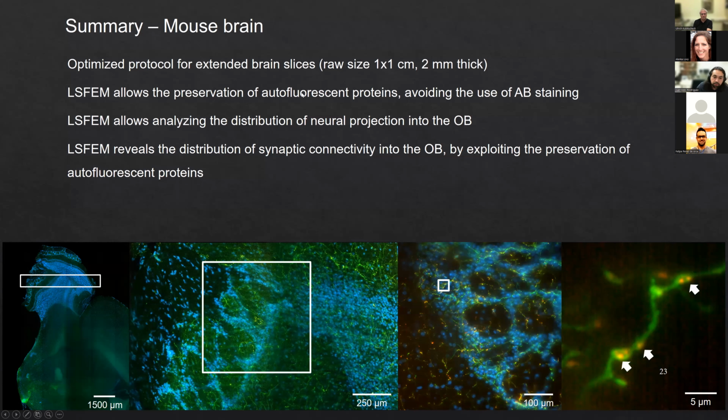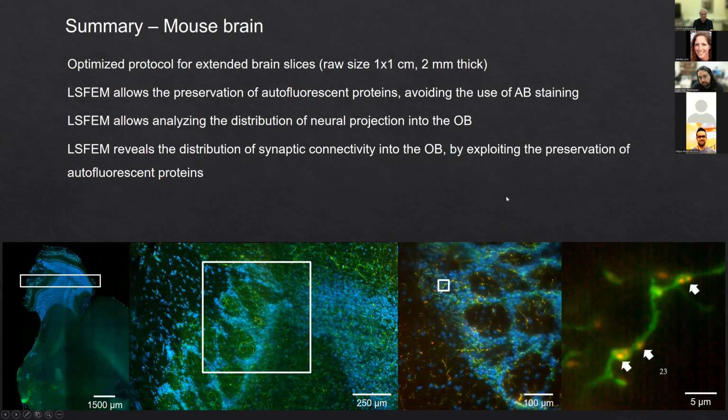But what is nice is that we are also able to preserve these autofluorescent proteins, in this case GFP and mRuby. So we avoid the use of antibody staining, because again, a 2 millimeter thick sample will be a bit difficult to stain properly. It is possible, but we want to avoid that kind of procedure.